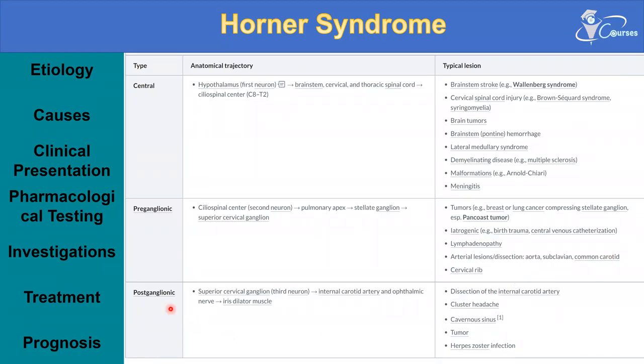Postganglionic involves the superior cervical ganglion or third nerve.